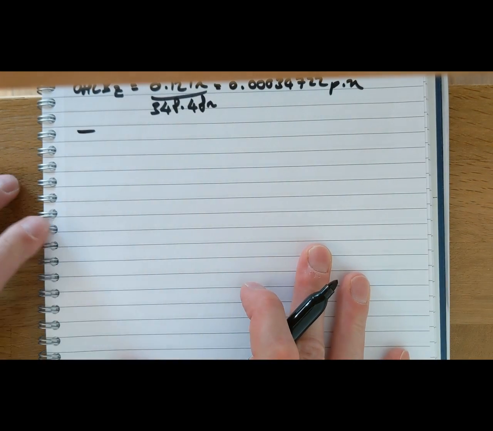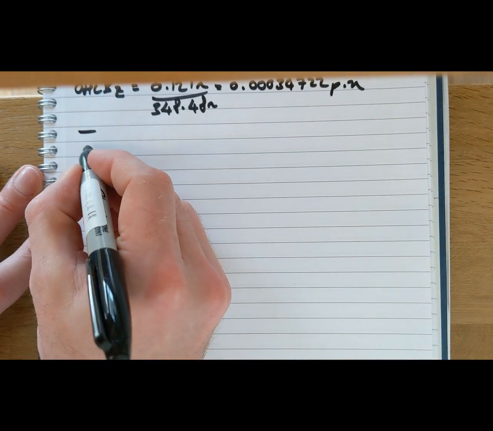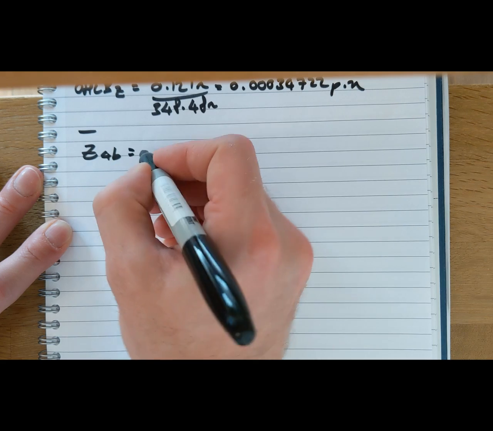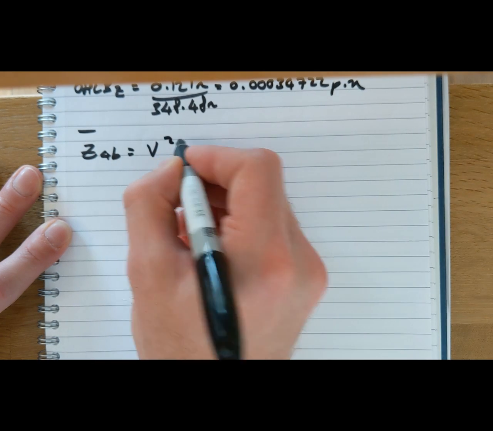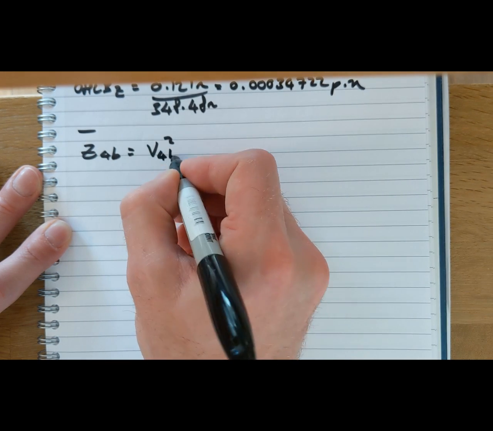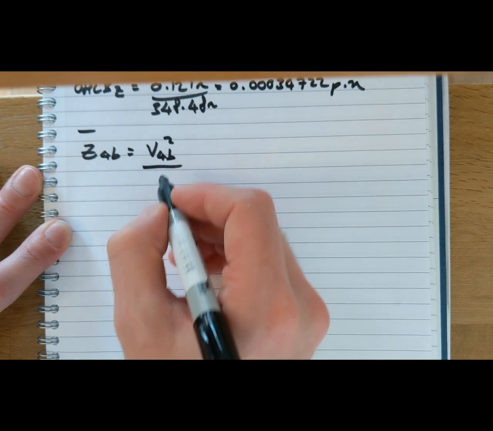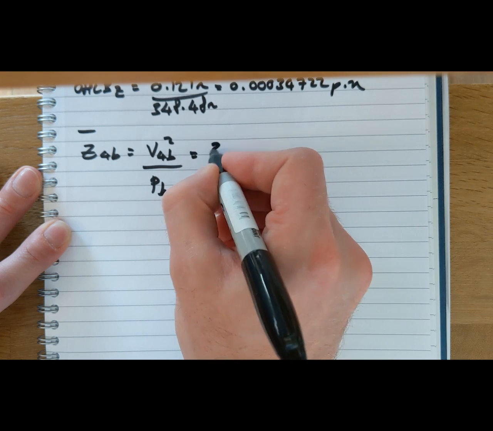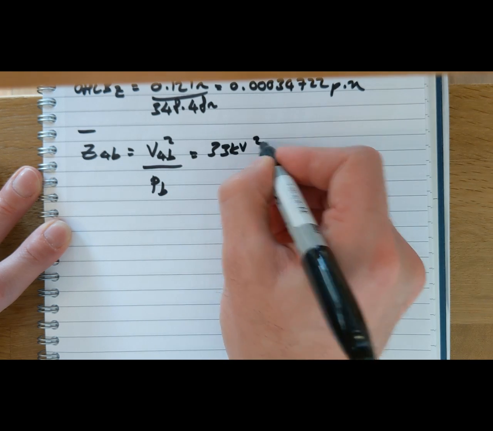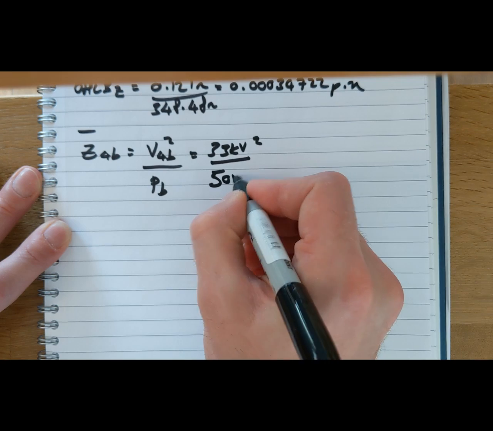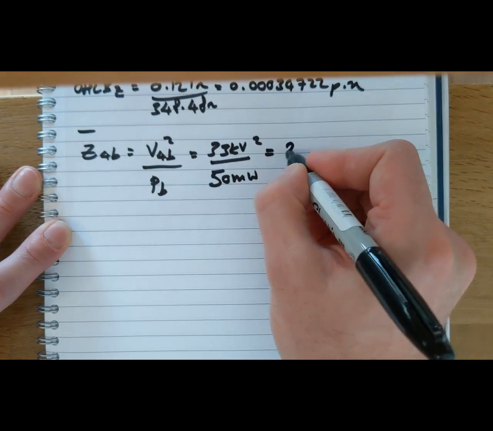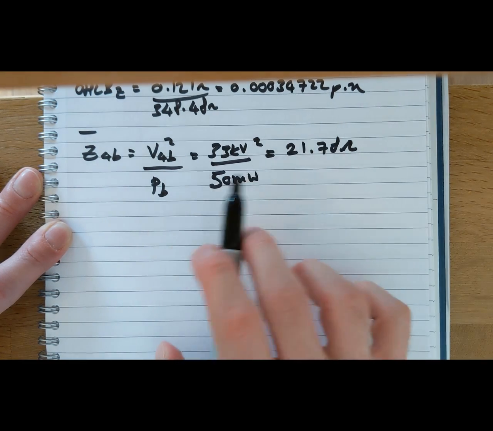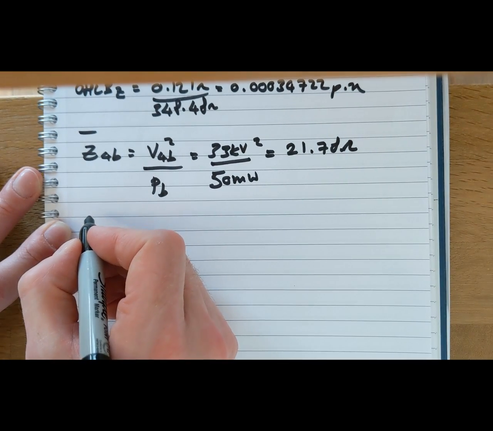And then our impedance base for the 33 kV area is the voltage base squared divided by the power base, which is the same throughout. So that's 33 kV squared divided by 50 megawatts, which equals 21.78 ohms, and that is the base impedance for the 33 kV zone of the system.